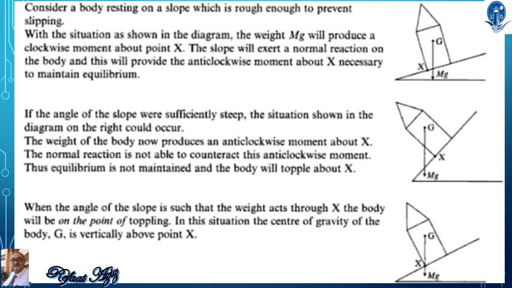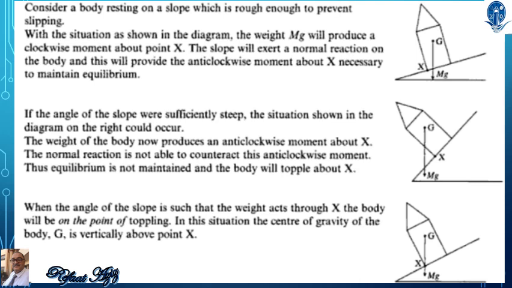Consider a body resting on a slab which is rough enough to prevent slipping. With the situation as shown in the diagram, the weight mg will produce a clockwise moment about the point x.